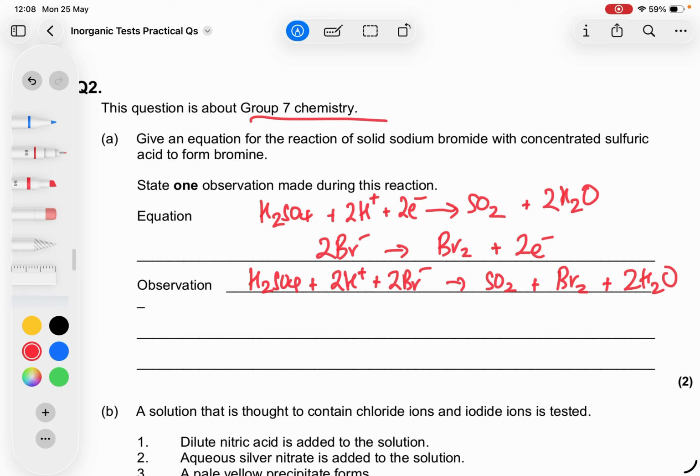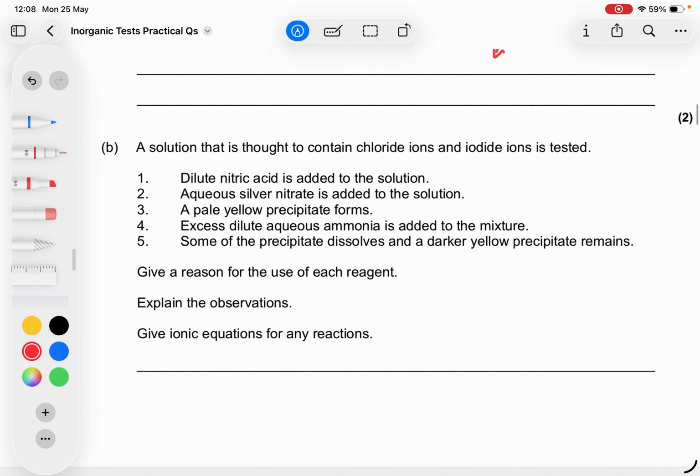Now what are your observations? Brown fumes. There is another observation here, but they don't always accept that because sulfur dioxide is a choking gas, but bromine giving you brown vapor will be clear.